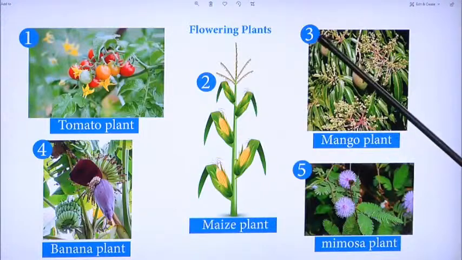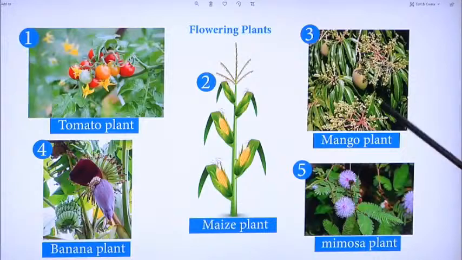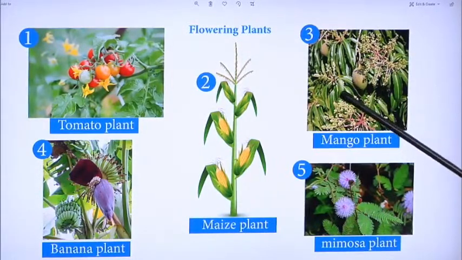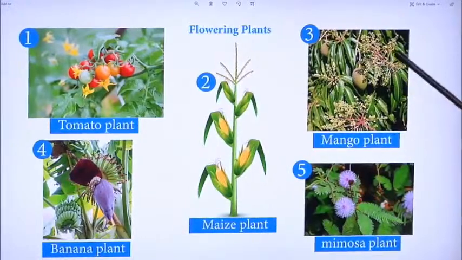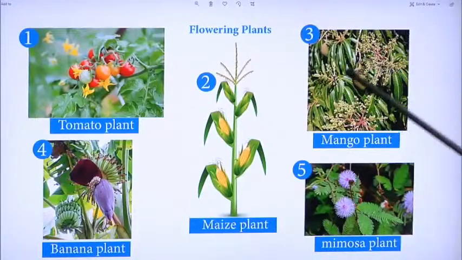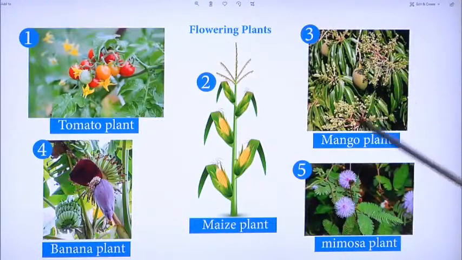Let's see picture 3. Look at this picture well. What plant is this? It is a mango plant. Can we see some flowers? Yes.